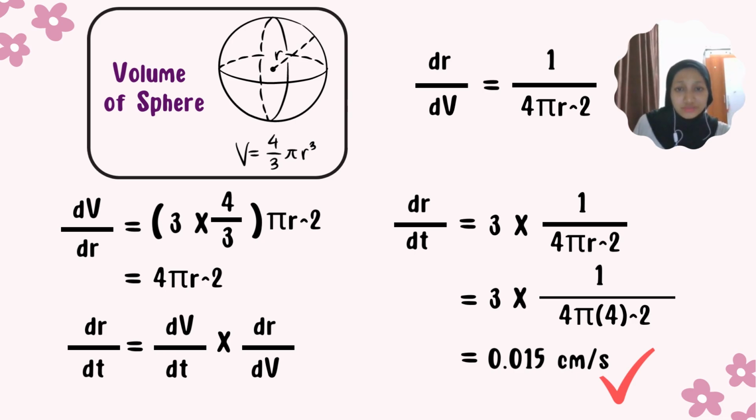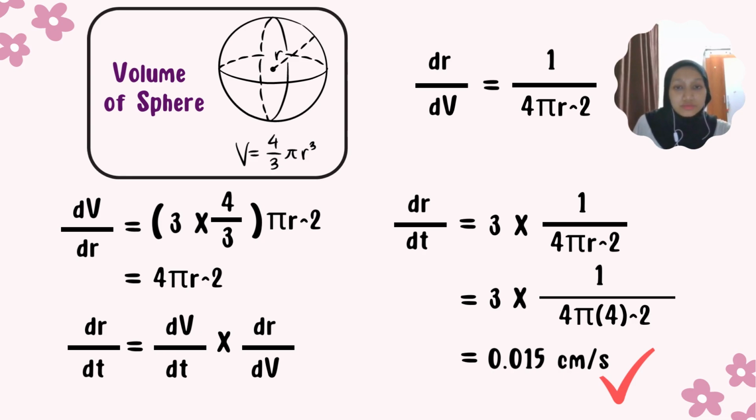So we already found dr over dV, and we also already have dV over dt from the question, which is 3 cm cubed per second. So we can try to solve our objective, which is dr over dt.